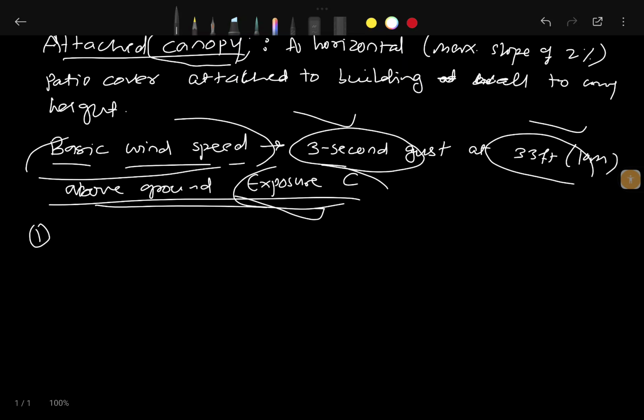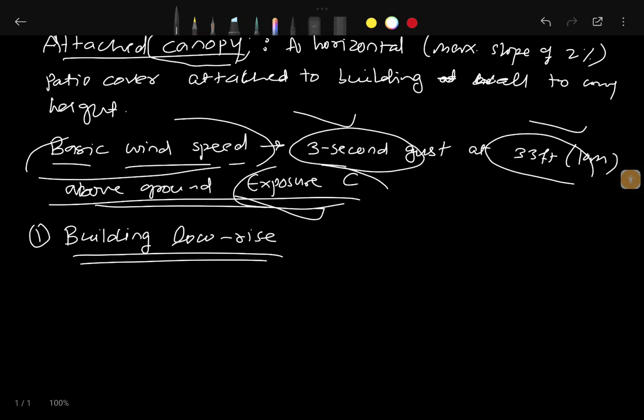If we want to decide which type of building is a low-rise building, what conditions must be fulfilled to fall in this category? This low-rise building has different types: enclosed, partially enclosed, or partially open buildings.